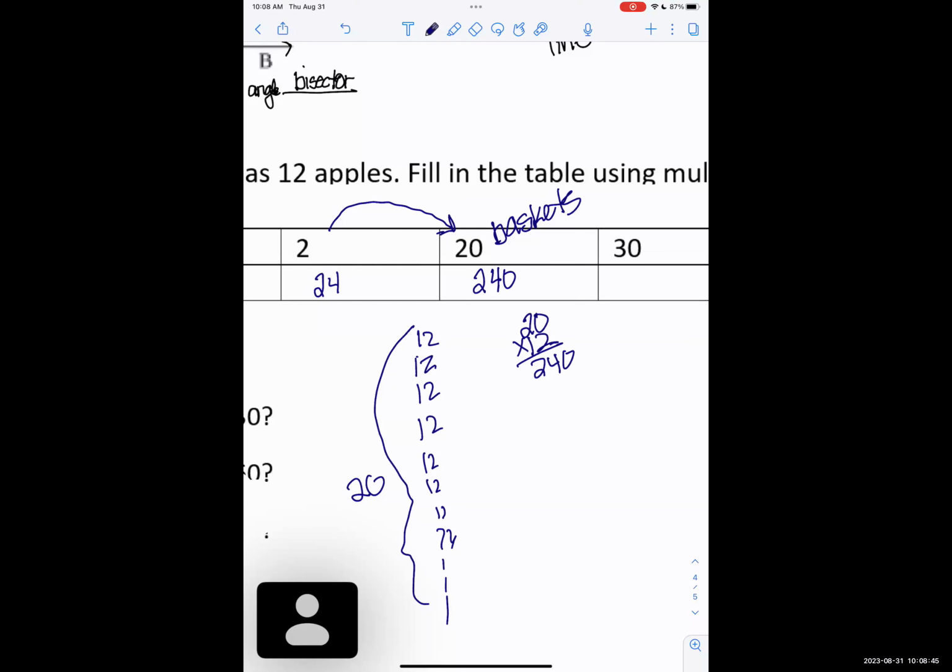Could we just take this answer, if the top is multiplied by 10, the bottom is multiplied by 10? Yeah, add a 0. Basically, I just added a 0.